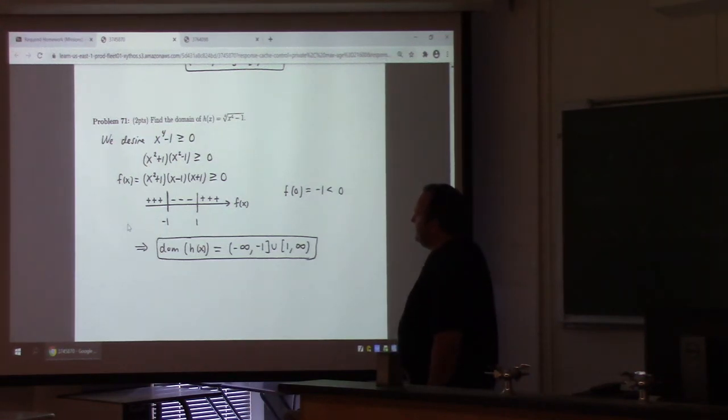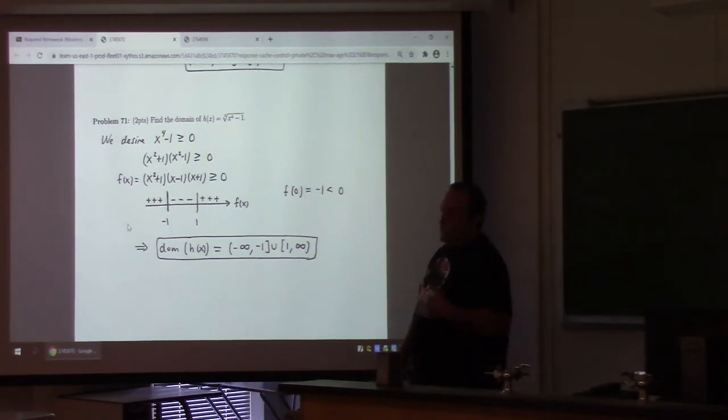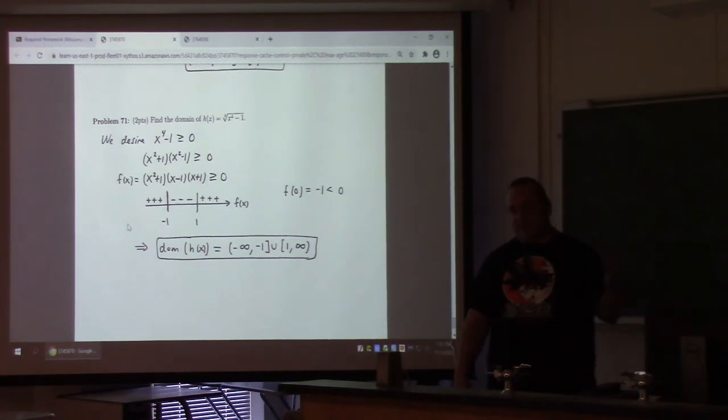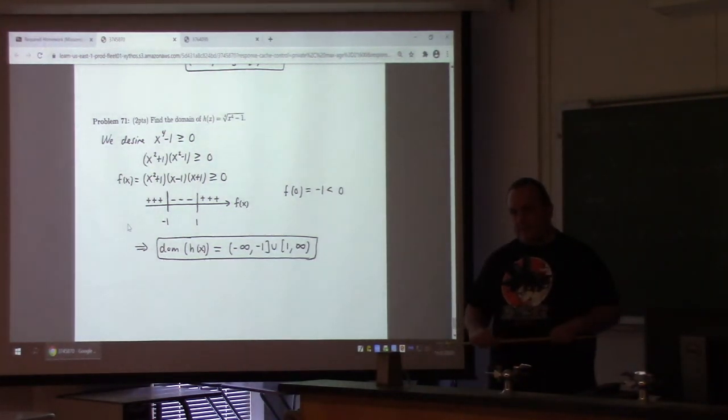What I'm trying to say is inequality questions can be disguised as questions about what's the domain of the function, where it involves an even root. Or when is one graph above another. These are two other ways I can ask an inequality question without just asking the inequality directly.